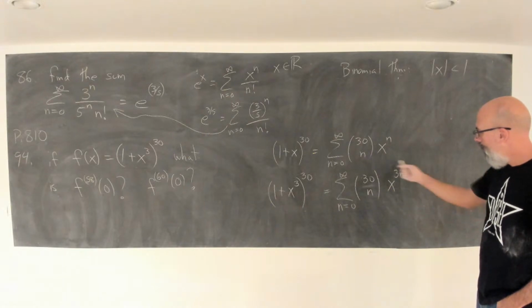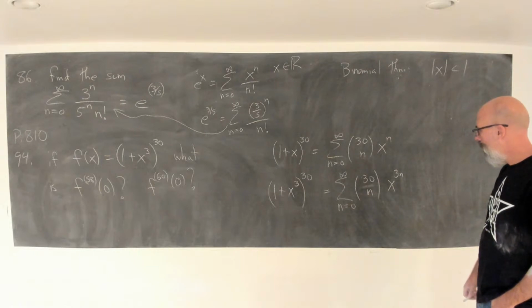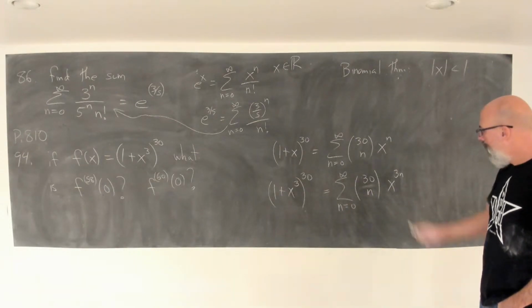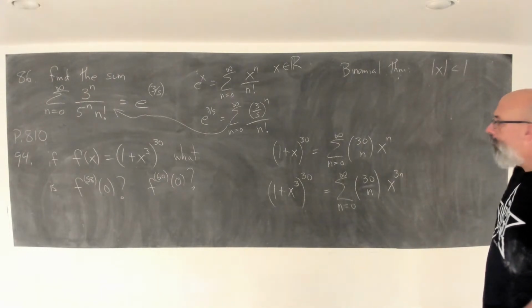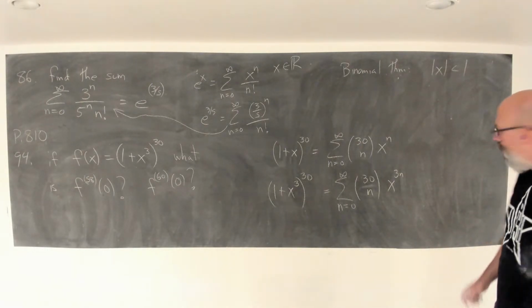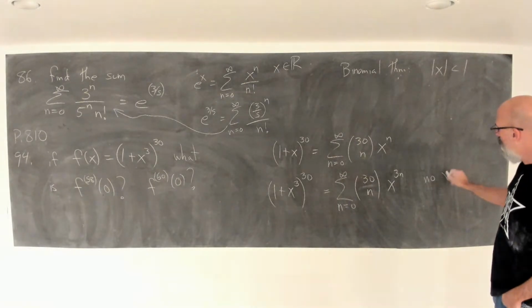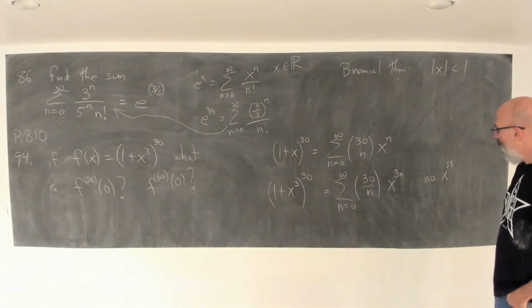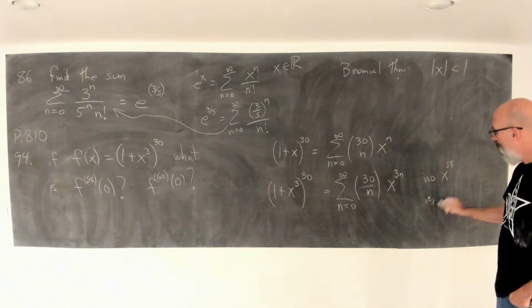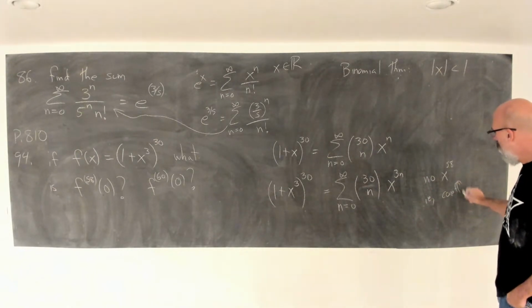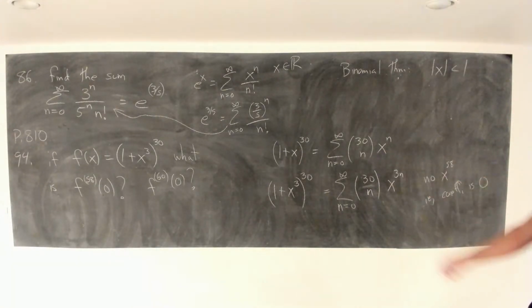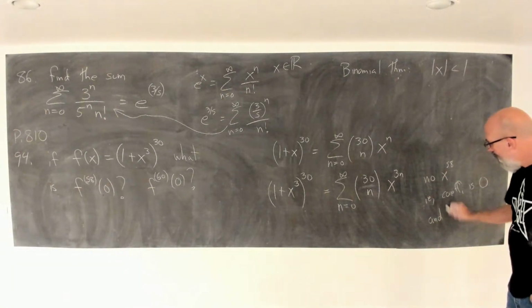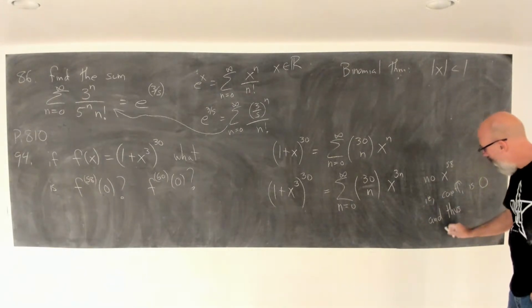Right, we have an x to the 57, x to the 60, but no 58. The coefficient is 0, and thus the derivative is 0.